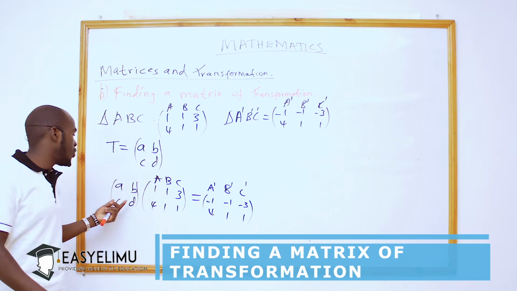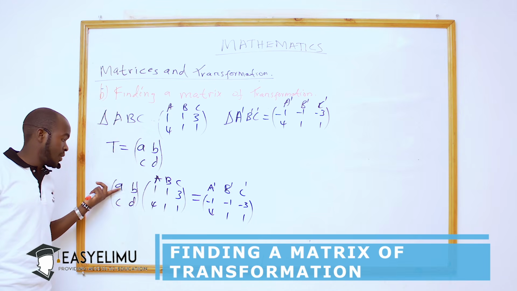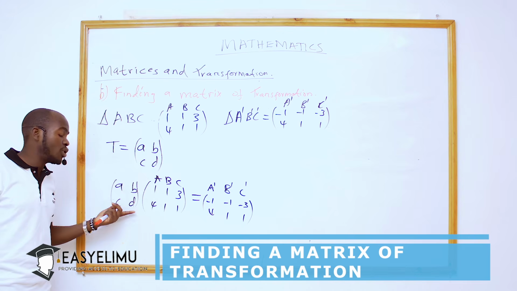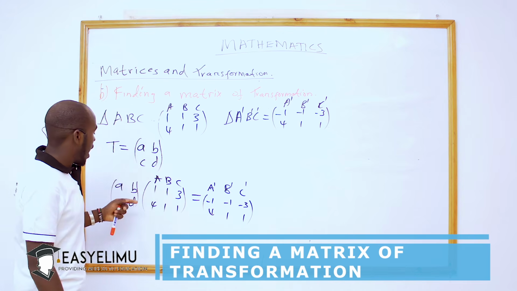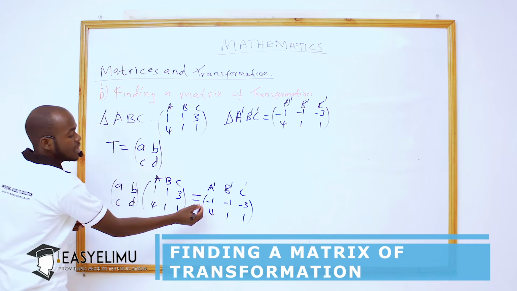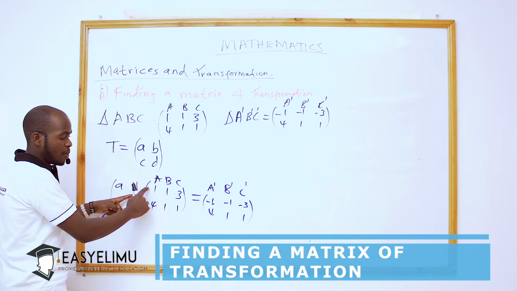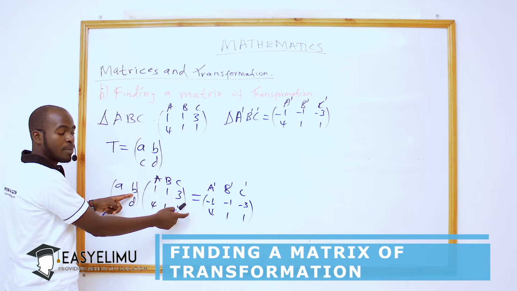Now we need to find the values of A, B, C, and D. To get each value, we take the row multiplied by the column of this matrix.